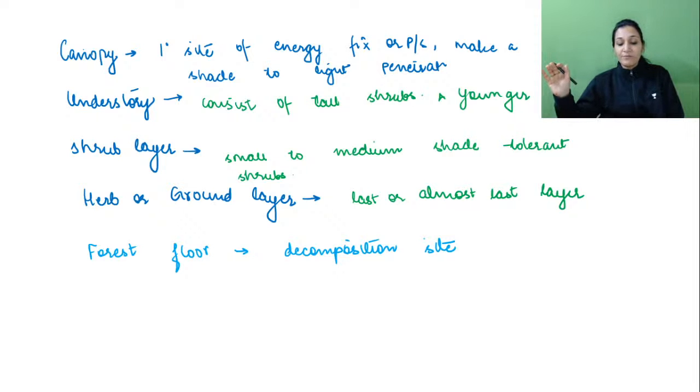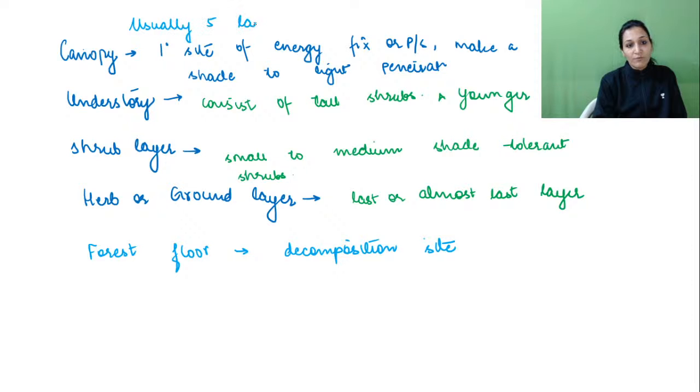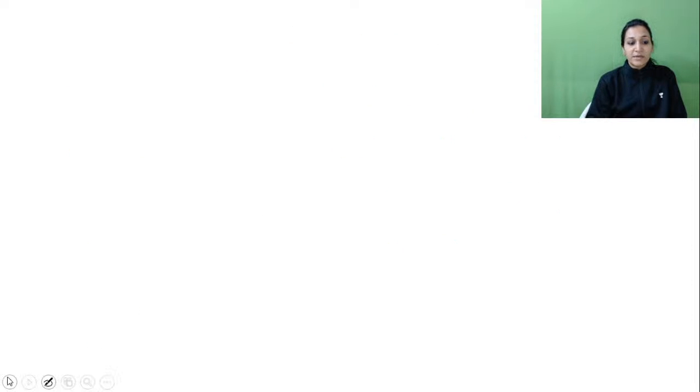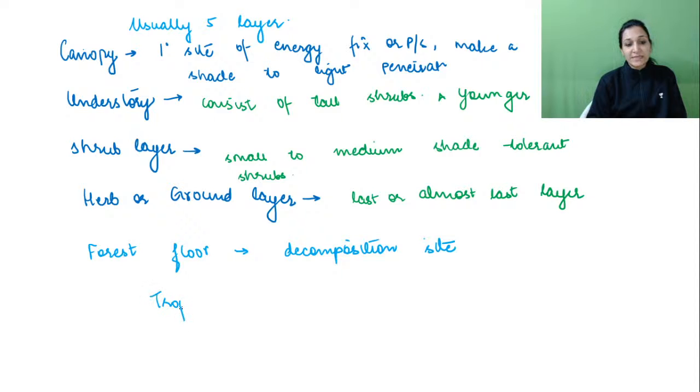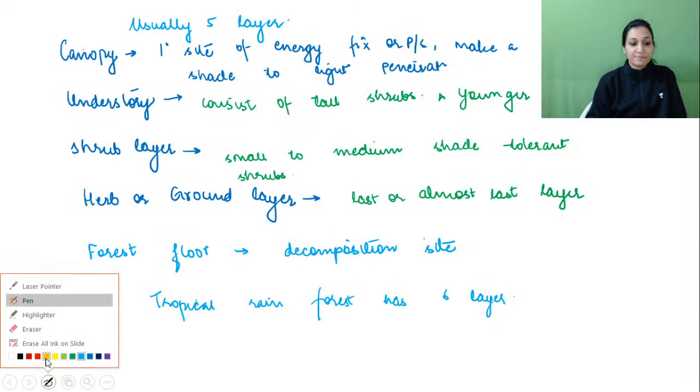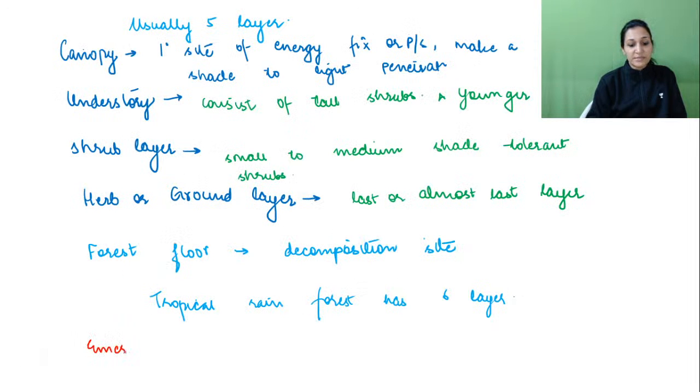Now, tropical rainforest has one more layer. As I told you, usually there are 5 layers. Then tropical rainforest has 6 layers. So the sixth layer is emergence. What are emergence?